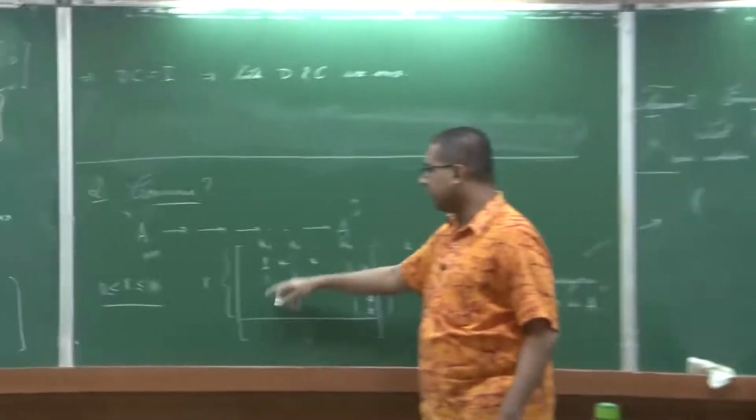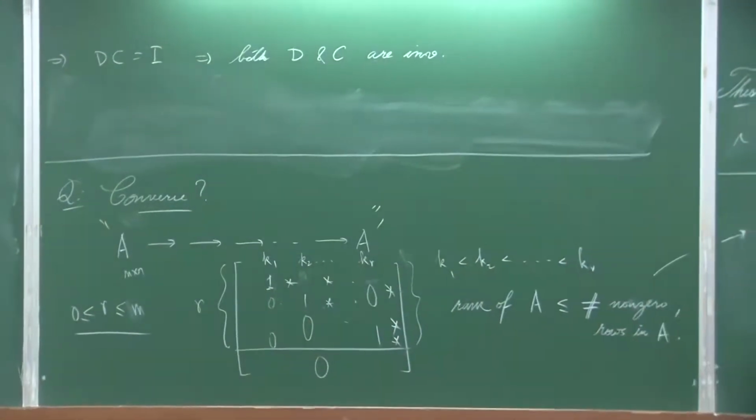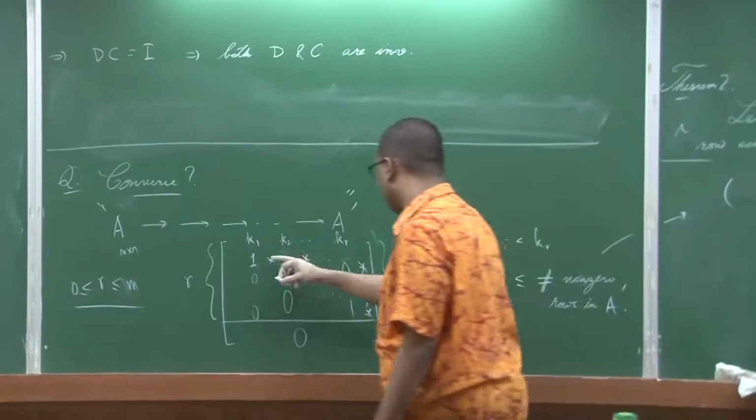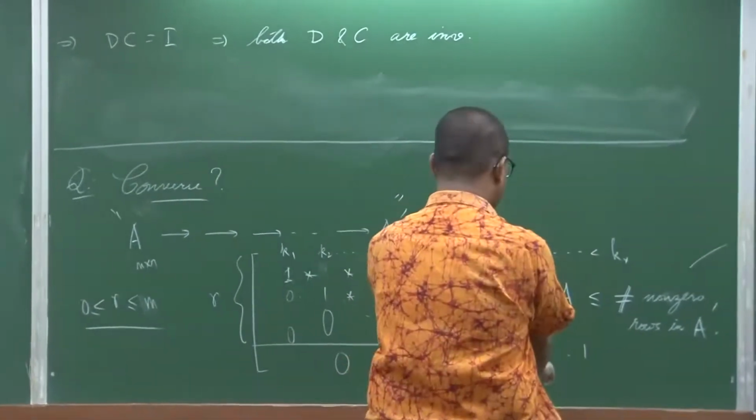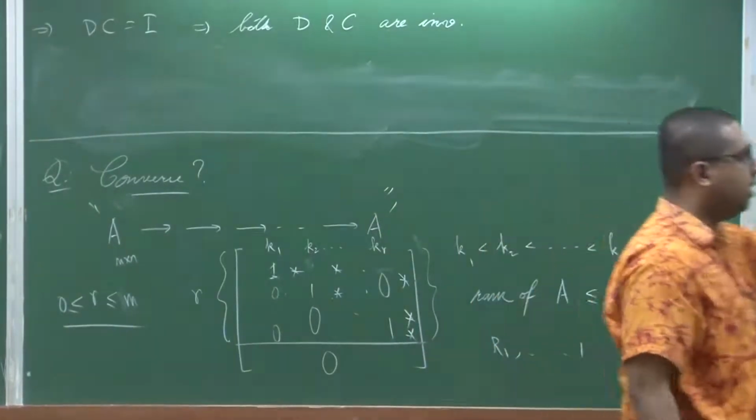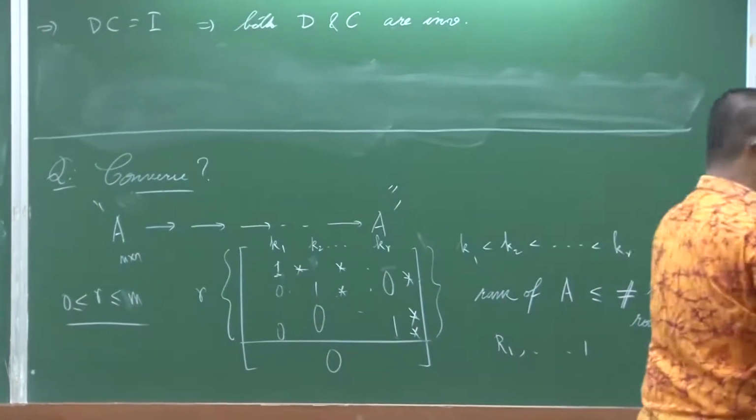If I write down the rows here by R1, R2, up to RR, well, now we should not mix up these Ri's with the row echelon matrices R1, R2; that story is gone.